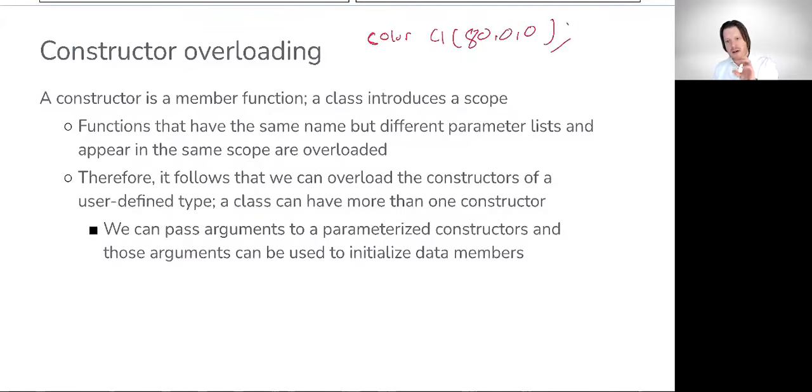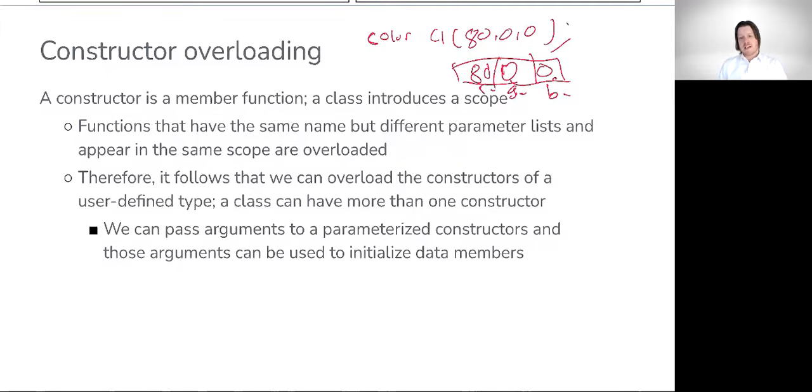And somehow we'd like to get those arguments into the correct data members to start out this color object with 80, 0, and 0 for R, G, and B respectively.